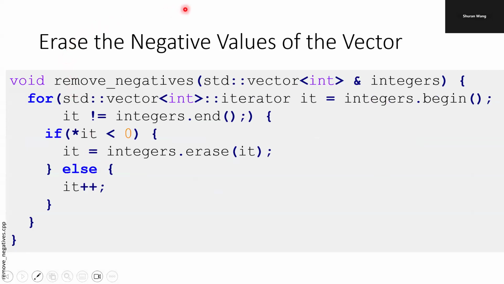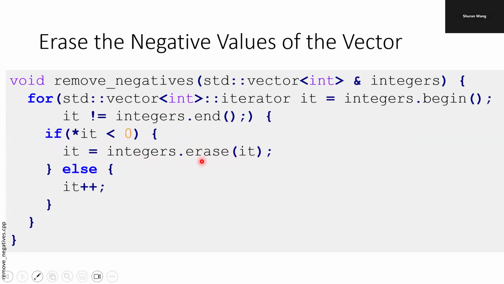Now, if we want to erase the negative values from the vector, we can do a similar for loop, and if dereferencing the it is less than 0, we can call the erase function to erase it.